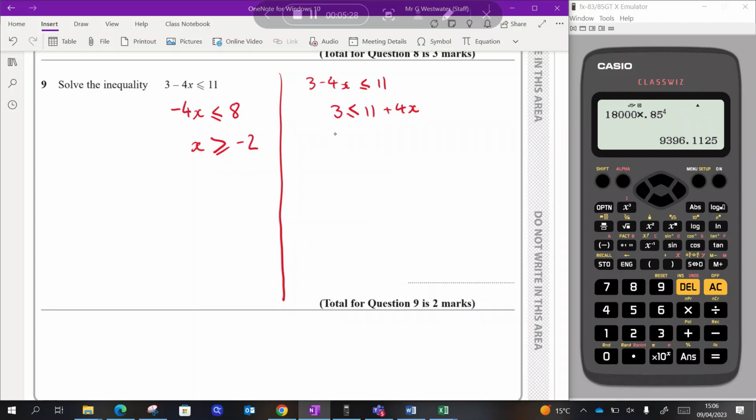Take away 11, so we're at minus 8 is less than or equal to 4x. And divide by 4, which is a positive amount, so the sign wouldn't change. And here we get minus 2. So we've got x is greater than or equal to minus 2, the same that we got over here, just written the other way round. Doesn't matter which way round you write it, the answer is always x is greater than or equal to minus 2.